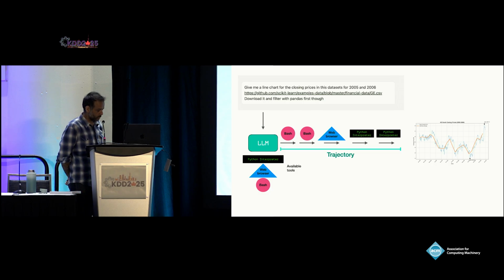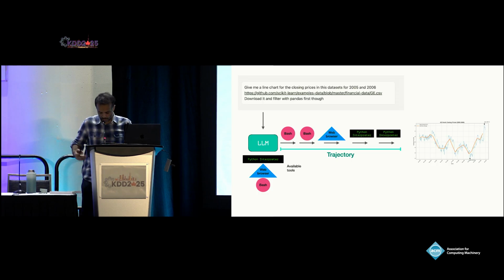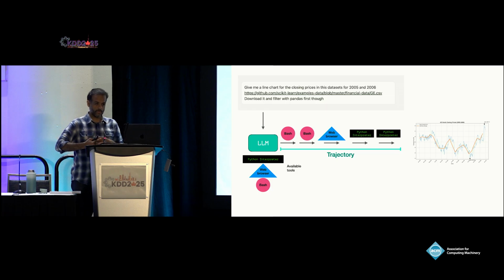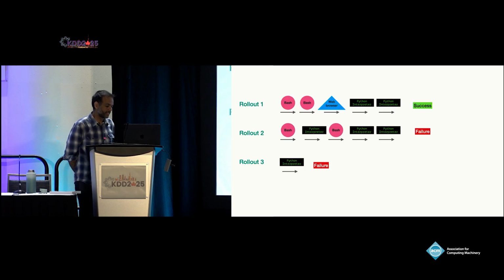This is what we call a trajectory. If you haven't worked with reinforcement learning, that's one of the terms now important for language models: agentic trajectories. Your outputs are not just a single output, they're multi-step tool calls and tool parameters, which can be code or function call parameters. Another term is rollout.